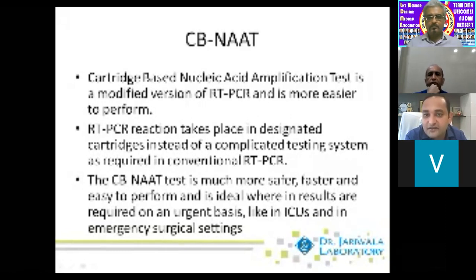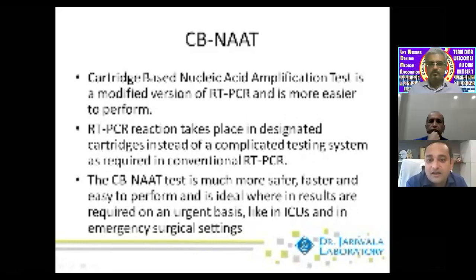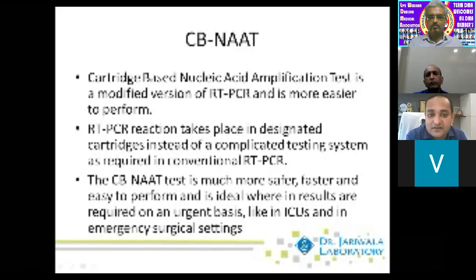That is the advantage of this method: it is safer, it is faster, it is easier to perform, and it is very suitable where you need an urgent report, like in an ICU, or the patient is undergoing an LSCS or some emergency surgical setting or an angioplasty, where the time frame available is very low. That is the time where you can use the CBNAT test. Next slide, please.